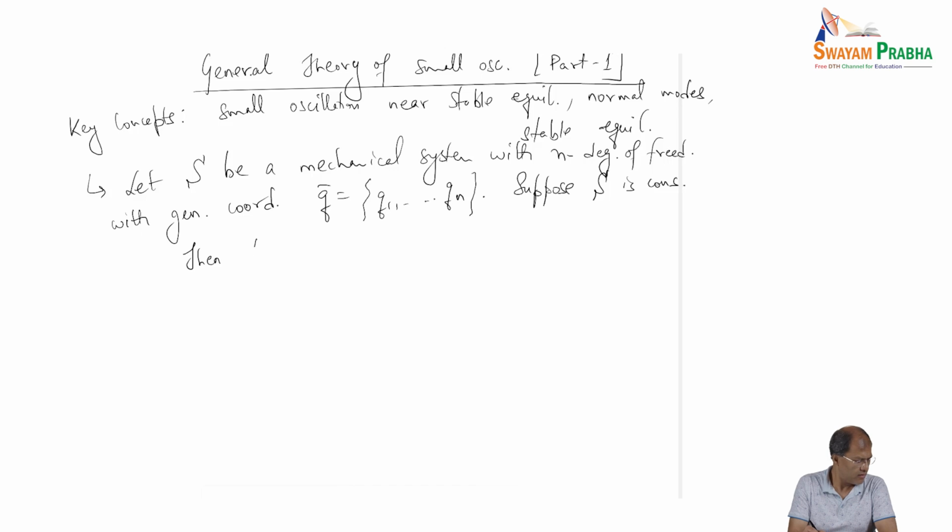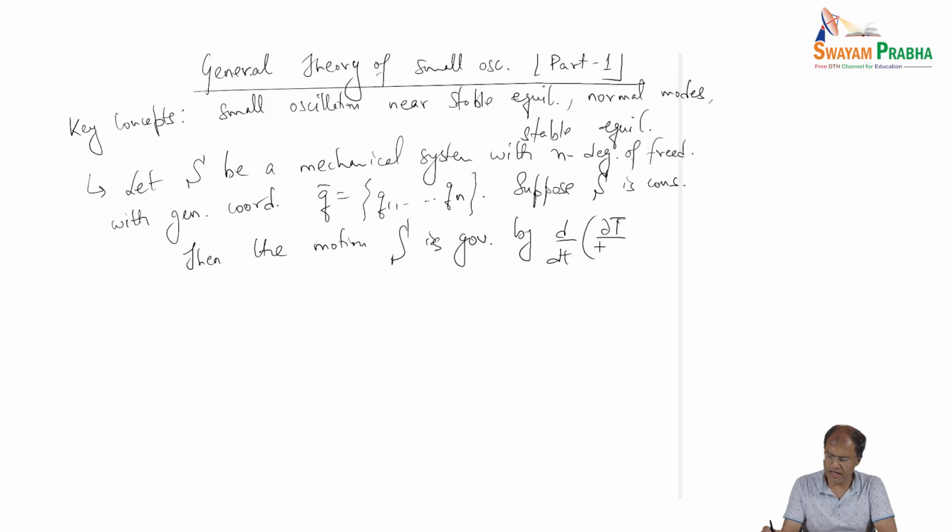Then the motion of S is governed by d/dt of partial T partial qj dot minus partial T partial qj is equal to minus partial V partial qj.